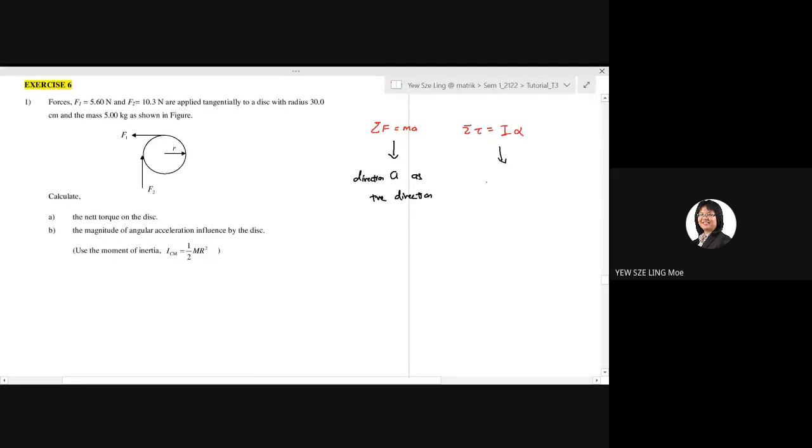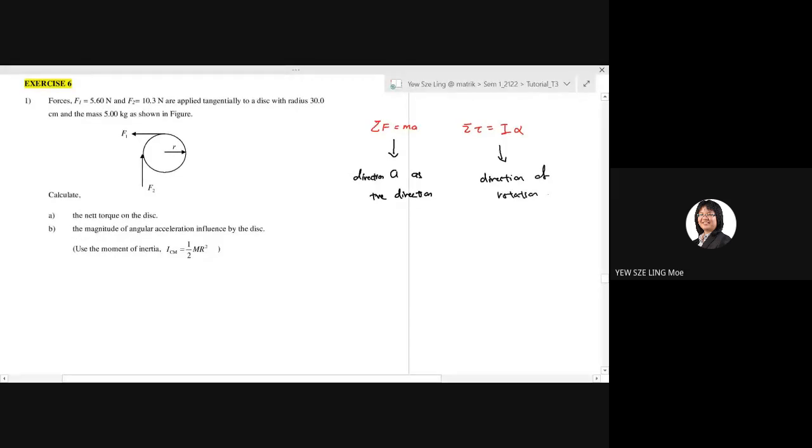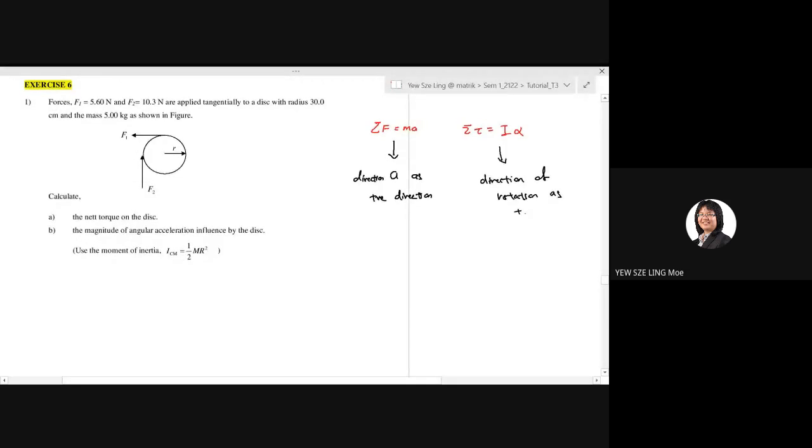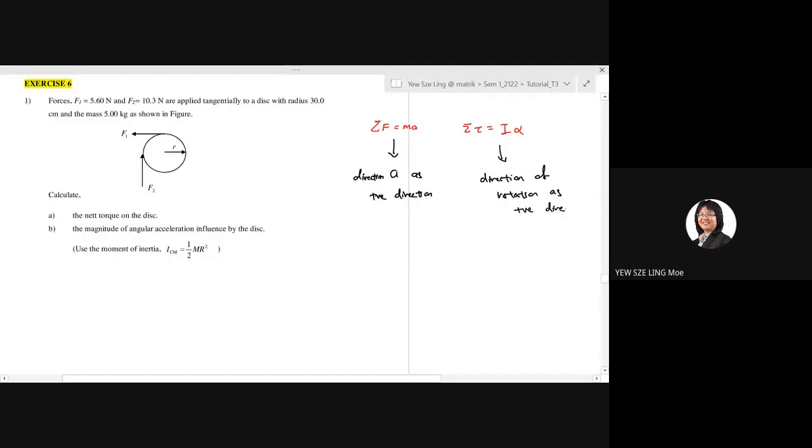We are looking at the direction of rotation as the positive direction. In equilibrium, in the previous questions, when the object is not moving, we take clockwise and anti-clockwise to determine the sign convention. Clockwise negative, anti-clockwise positive.